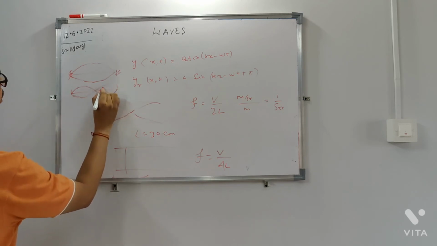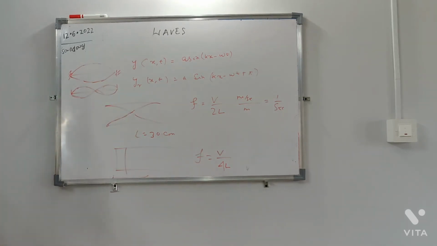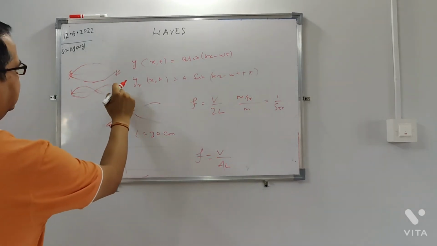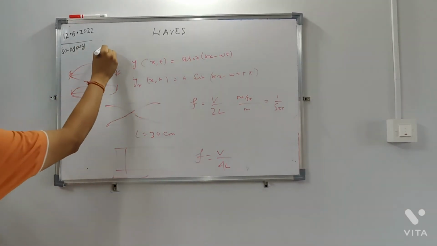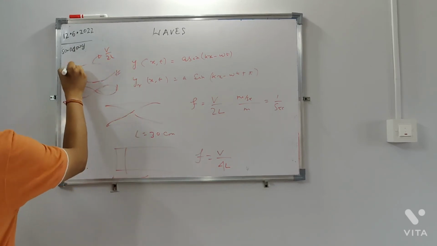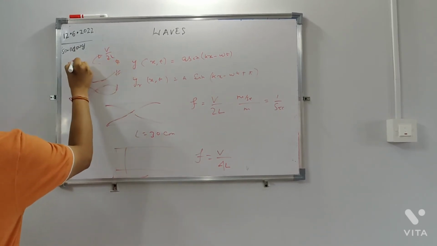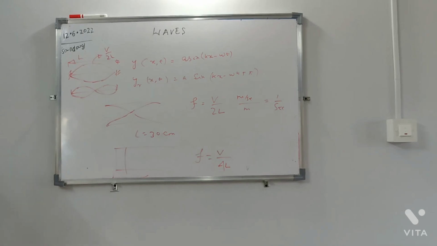So here also the formula for the string will be the same, V by 2L, and this is my length. The length between the two supports is L, then the first harmonic will be V by 2L.